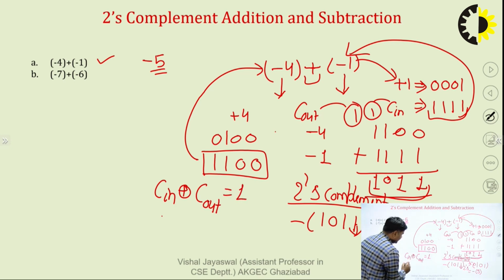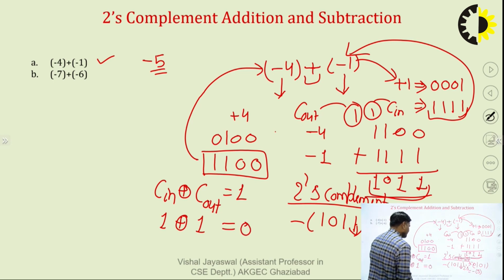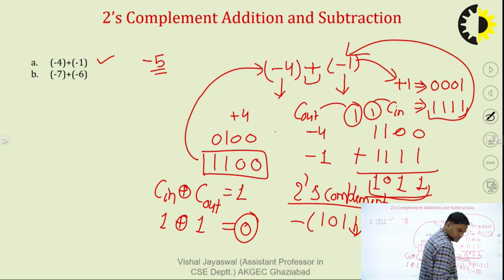If C in is 1 and C out is 1, if we take the XOR of the same numbers, we get the result 0. And if we take the XOR of different numbers, where one is 0 and another is 1, then we get the result 1. So we take the C in, C out XOR and get the result 0. It means there is no overflow in this question.